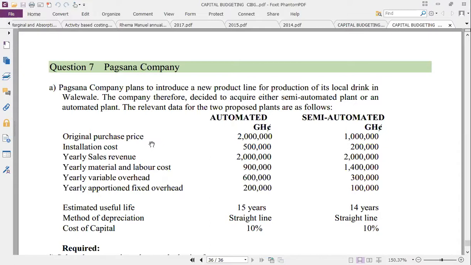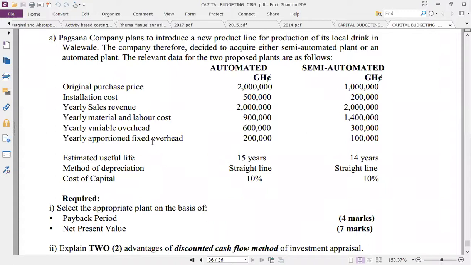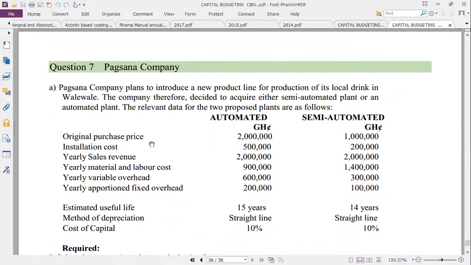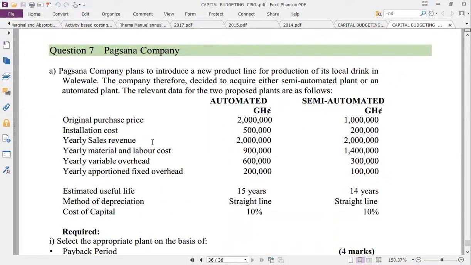Now we are calculating the NPV of this project. Yes. And then in our next meeting, we will pick the adjustable. Good.